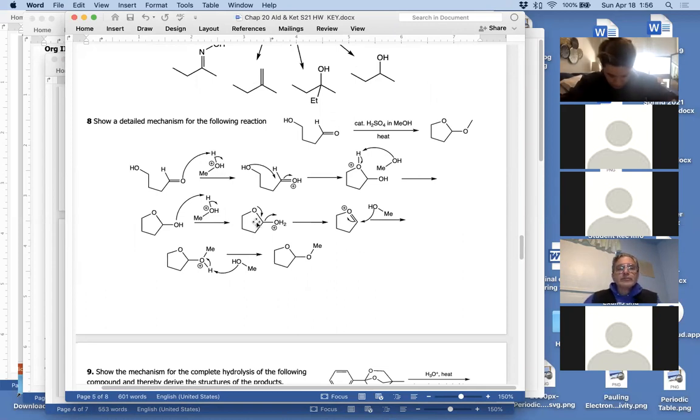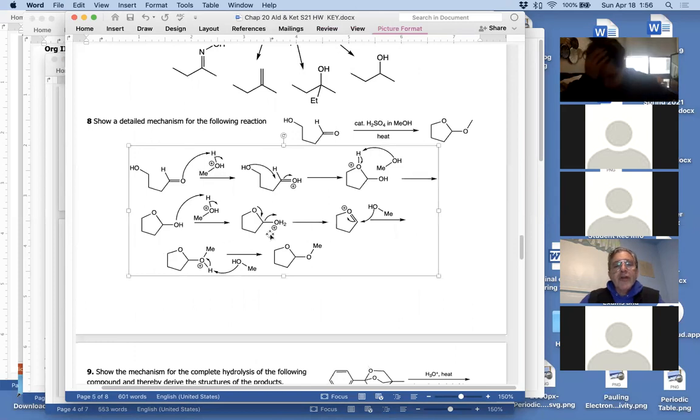Well, yeah, this structure right here that I'm circling. Yes. You may show this as just the loss of water and put the positive charge on carbon. I would not mark it wrong. You've just shown a different resonance structure than the oxonium cation. In general, we tend to show the most stable resonance structure, so that's what I do.